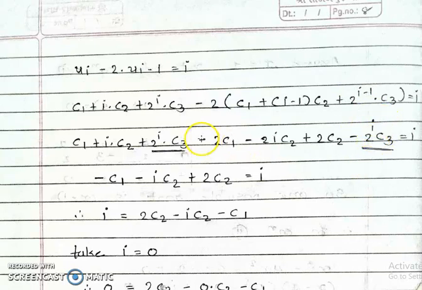Then cancel these two terms. So we get the final equation like c1 minus 2c1 is equal to minus c1, plus i into c2 minus 2i c2. So we get minus i c2 plus 2c2 is equal to i. Then we write in the form like i is equal to 2c2 minus i c2 minus c1.